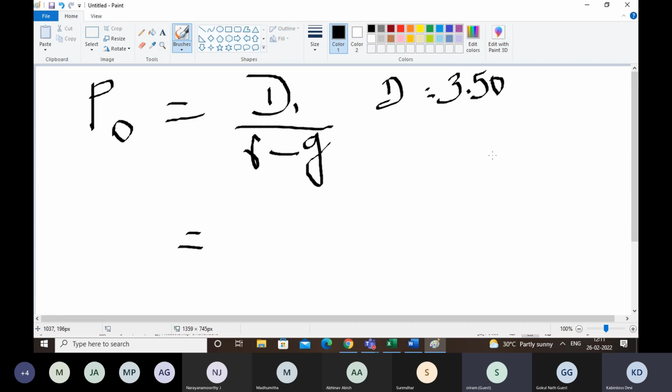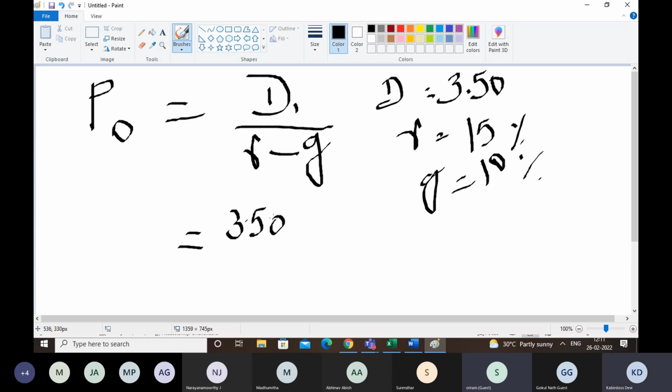The required rate of return is 15%, and the growth rate is 10%. Now we just put that directly into the formula: 3.50 divided by 0.15 minus 0.10. So it is equal to, tell me the answer.